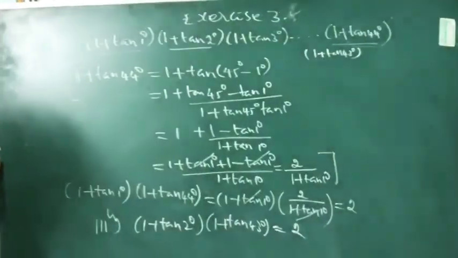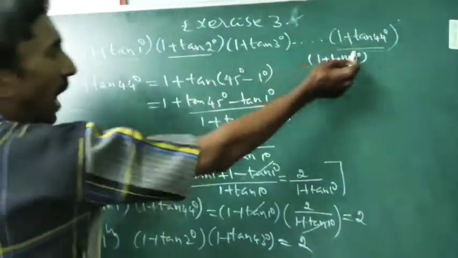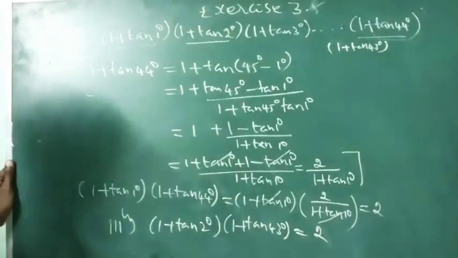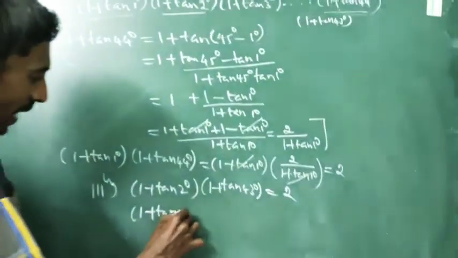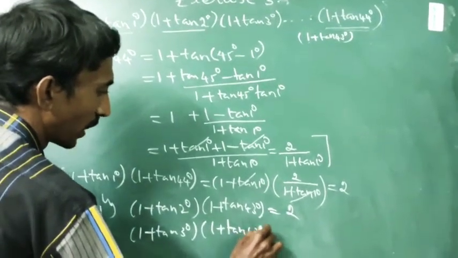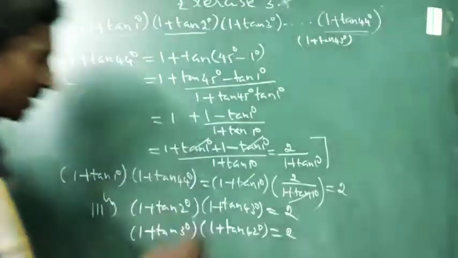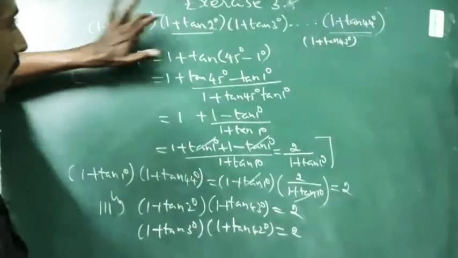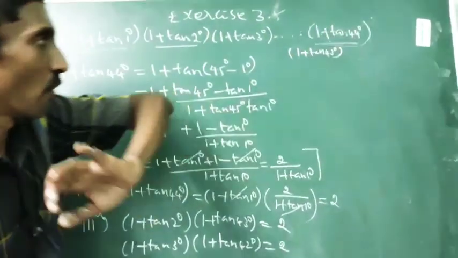Similarly for the other pairs. Third and last but 2, we are getting 2. That means (1 plus tan 3 degree) into (1 plus tan 42 degree) equals 2, and so on. So totally there are 44 terms.